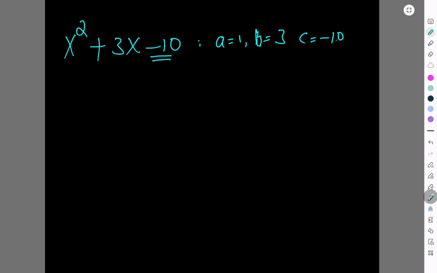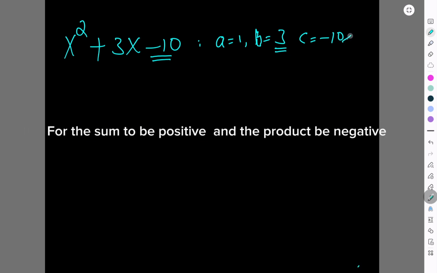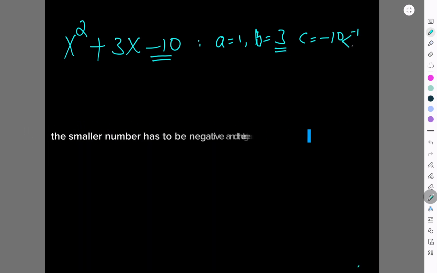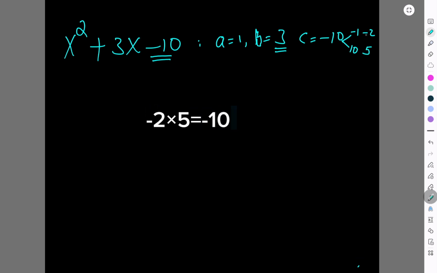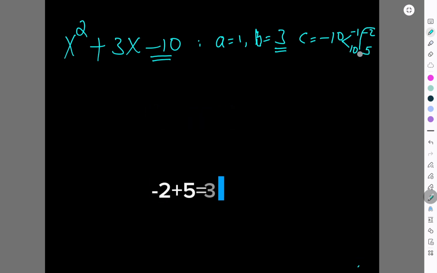And from the possible factors of minus 10, let us find out those paired factors that can give us a sum of 3. And so we have minus 1 multiplied by 10 is minus 10, but the sum is not 3. And then minus 2 multiplied by 5 is minus 10, and the sum is also what? It is 3, right?